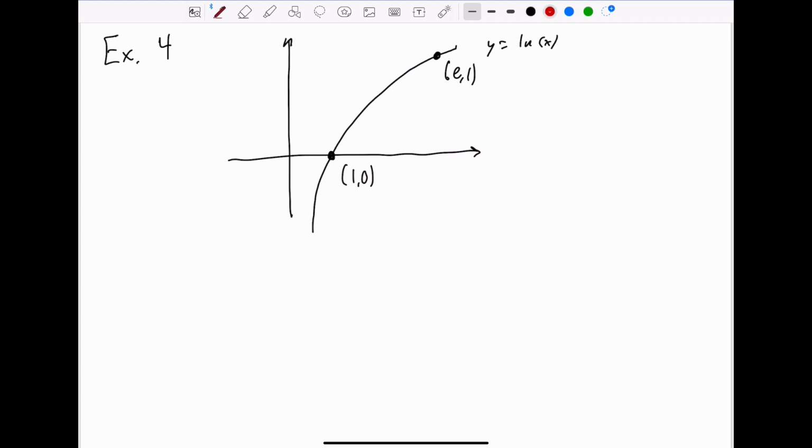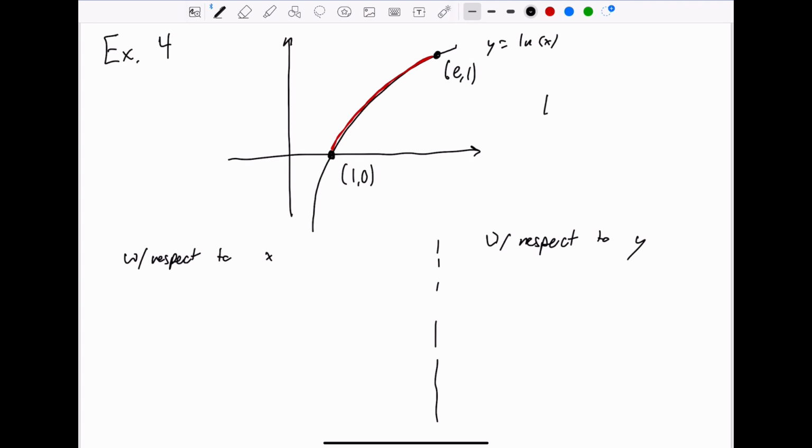So we want to know the length of this curve, and we will set two integrals up, one with respect to x, one with respect to y, to give us this length. Once again, we use the arc length formula.